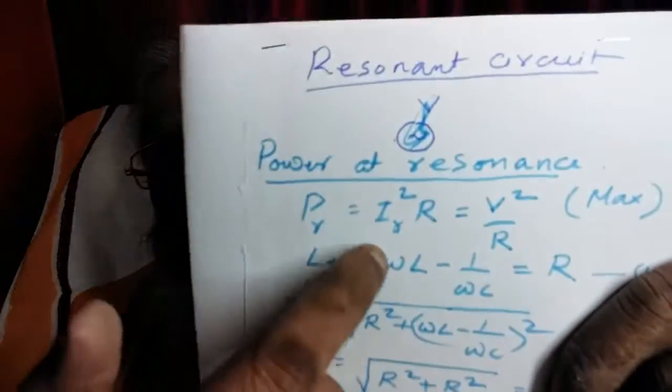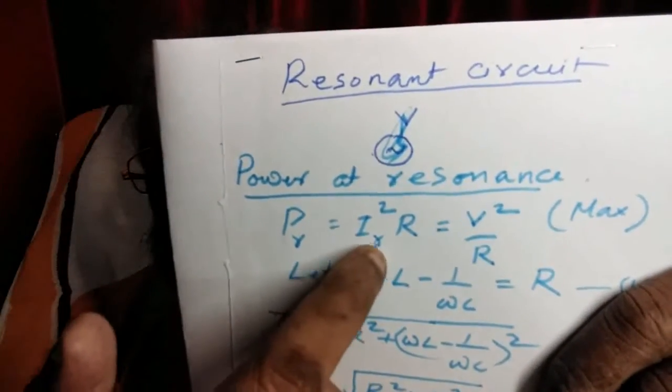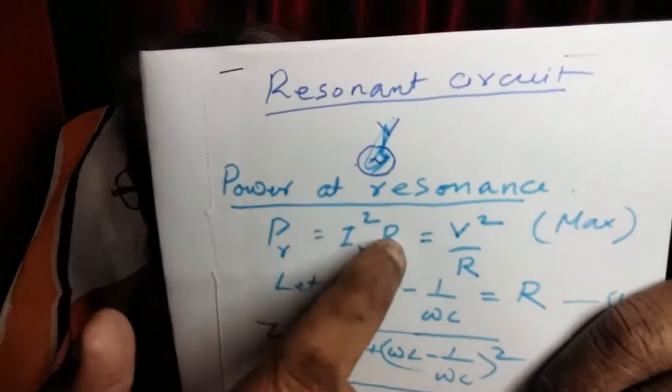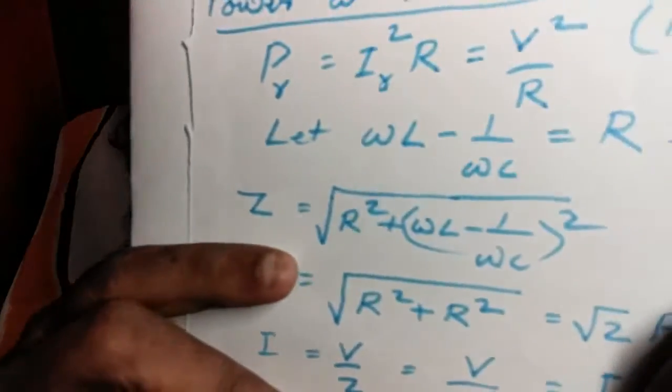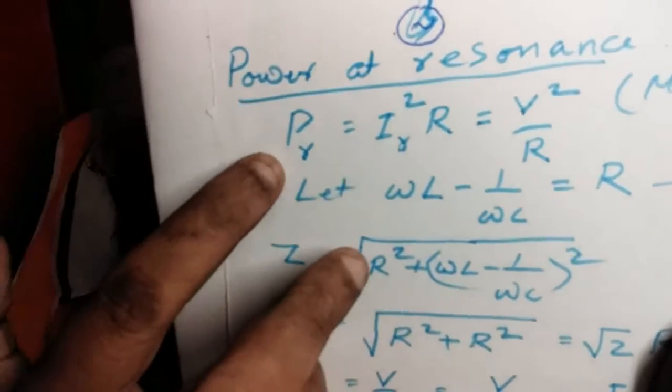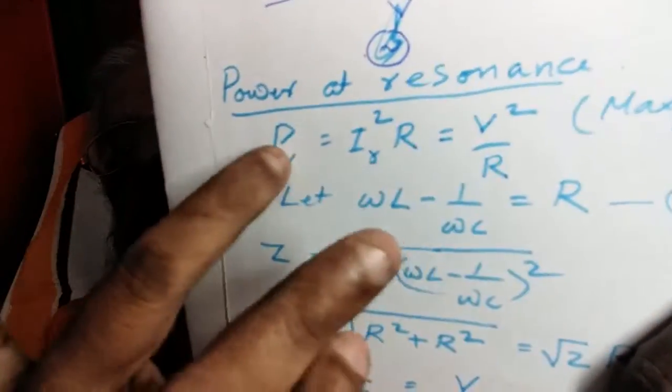That is IR square into R, or it is V square by R. This is a maximum. So at resonance, the circuit consumes maximum power.